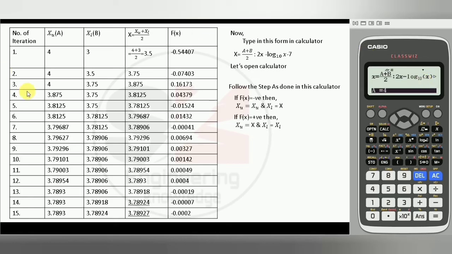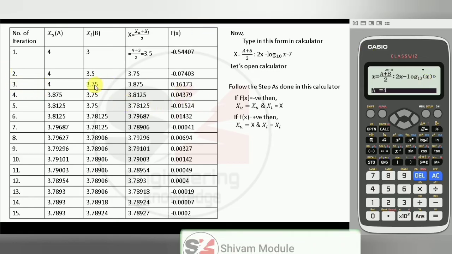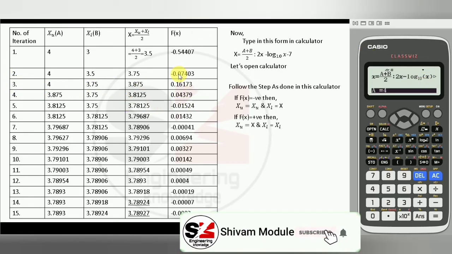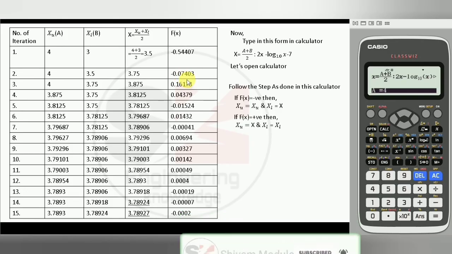In the third iteration we can see the value of fx in the second iteration is negative, so the value of xu will remain the same, and the value of xl will change to this value, that is 3.75.